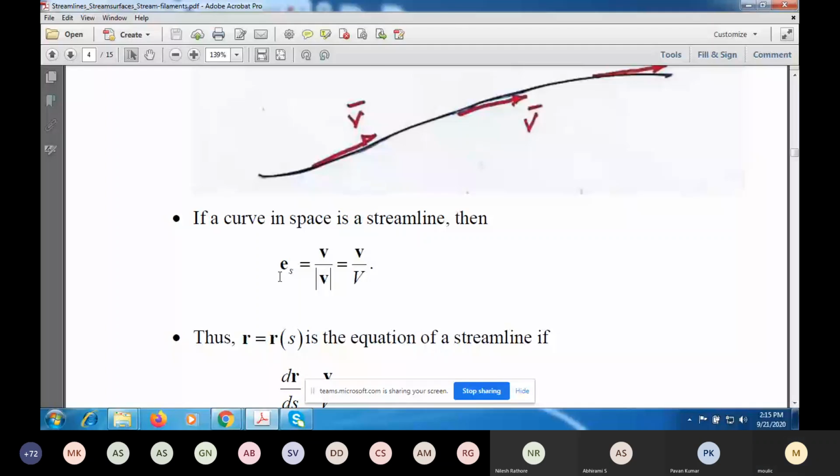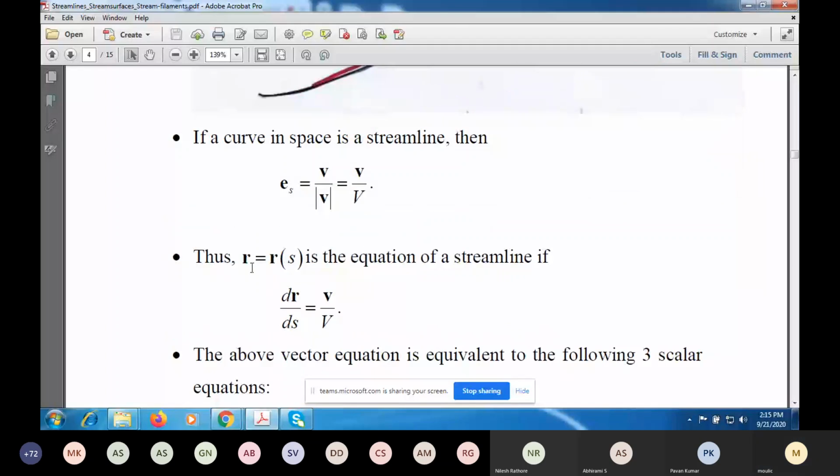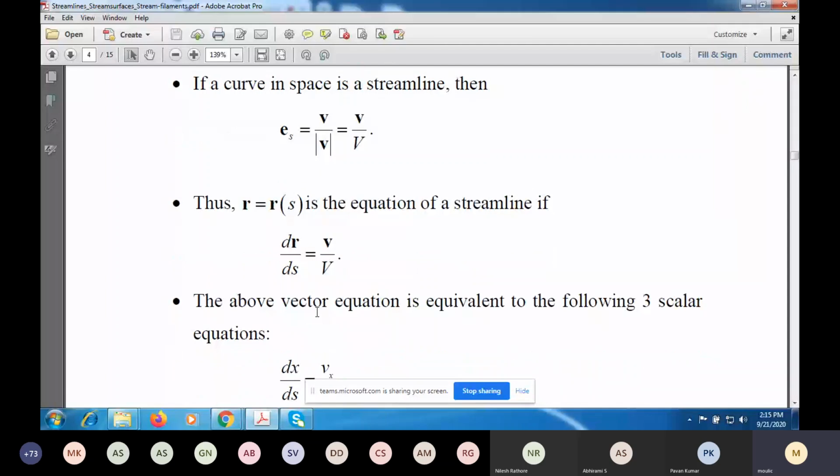Now, the position vector r equal to r of s is the equation of a streamline if e_s is V by V, or in other words, dr/ds is the vector V divided by the magnitude capital V. Now this is a vector equation which is equivalent to three scalar equations.